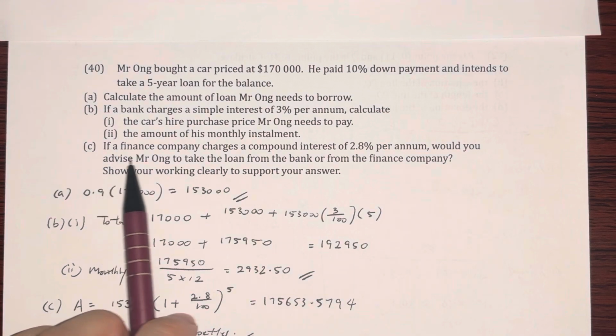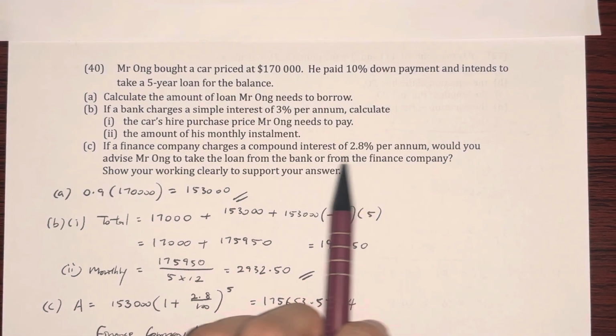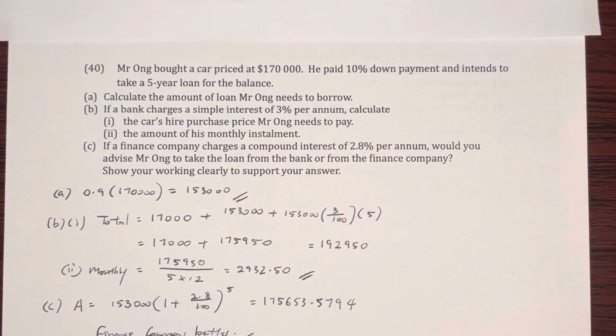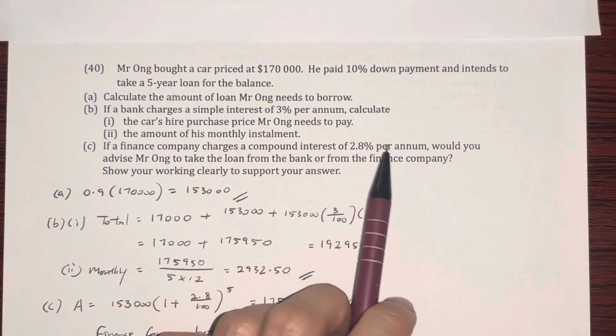Next, there's some finance company charging compound interest 2.8% per annum. They ask whether it's a better deal. Simply put, which one is cheaper? So what I do is, I take the loan amount, because you already paid 10%. I take this 90%. I apply the compound interest. You can see that it doesn't say how often it compounds, so the default will be to compound every year.